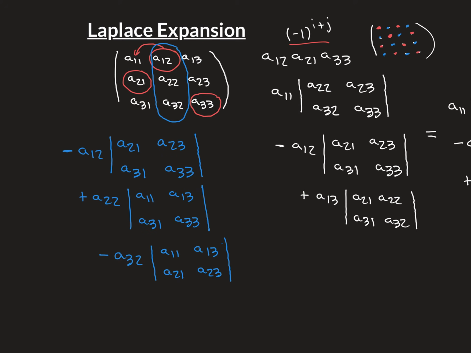So I hope that you can see that all of these different possible ways of doing Laplace expansion for this matrix are indeed going to give you all of the necessary products that you need in the formula for the determinant of this 3 by 3 matrix. The bit that still might seem quite incredible to you, and which I want to discuss further, is how are we making sure that the minus signs and the plus signs are all coming out correct?